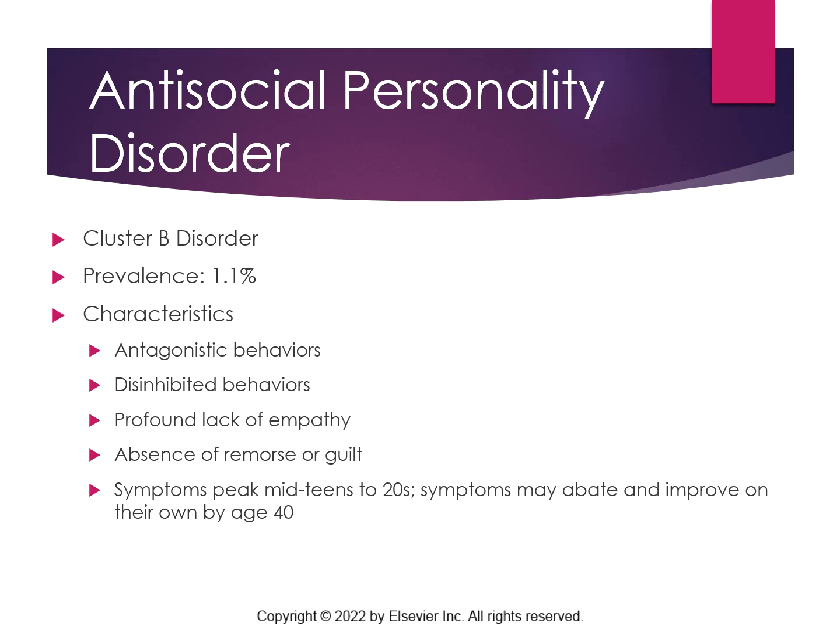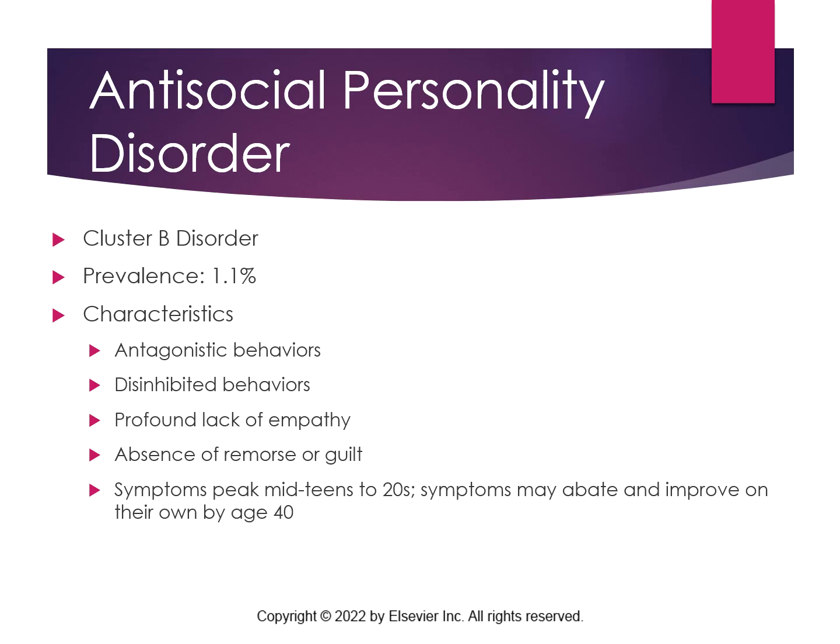The main pathological traits that characterize antisocial personality disorder are antagonistic behaviors such as being deceitful and manipulative for personal gain or hostile if needs are blocked. This disorder is also characterized by disinhibited behavior such as high risk taking behavior, disregard for responsibility, and impulsivity.